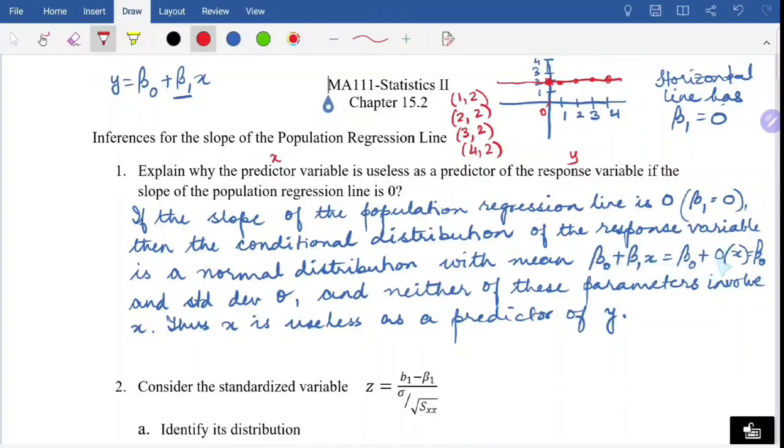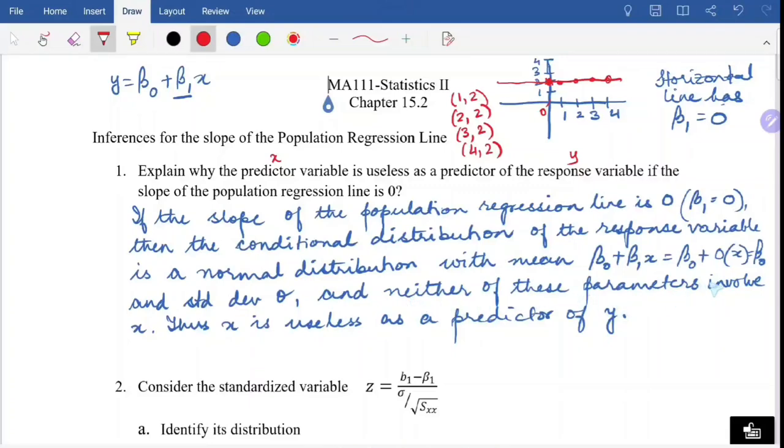And if we plug in this 0 for the slope, what will we end up with? This whole term will become a 0, correct? And we will be left with whatever value beta sub 0 is. So beta sub 0 plus 0 times x is going to be equal to beta sub 0. And it'll have its standard deviation. Again, because we are talking about the population regression line, we use sigma, the population standard deviation.